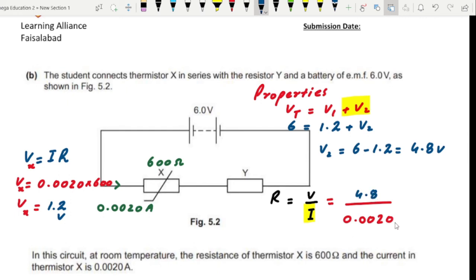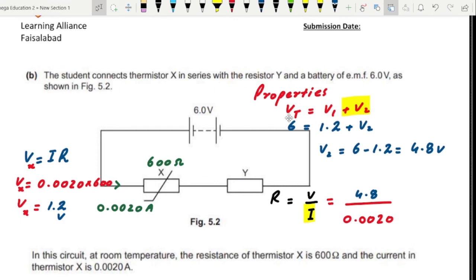You hit it on the calculator once again. Should be more than 600 at least. 4.8 divided by this.